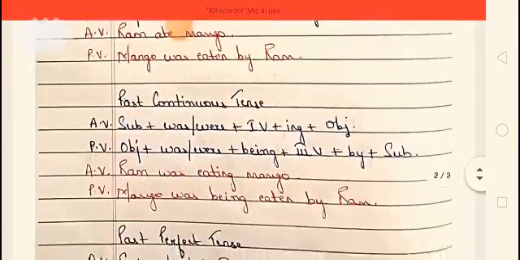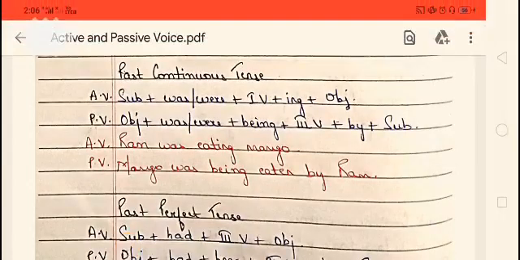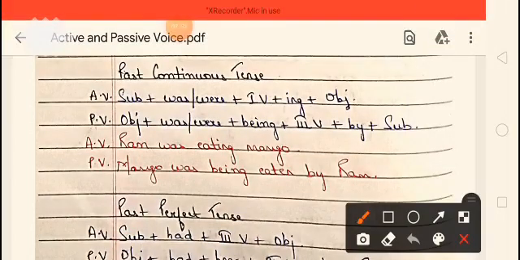Now let's head towards past continuous tense. All the things will be the same, the whole structure will be the same, but instead of is, am, are, we will use was or were. Was in case of singular and were in case of plural. Otherwise the structure is similar to present continuous tense. The structure for active voice is subject plus was or were plus first form of the verb plus ing plus object.